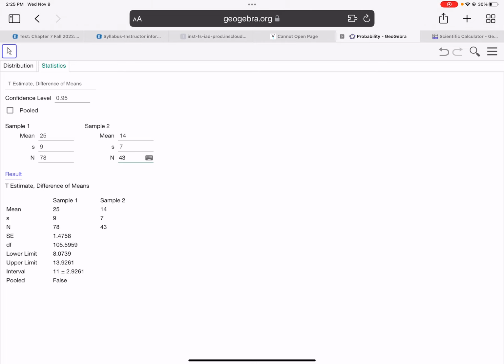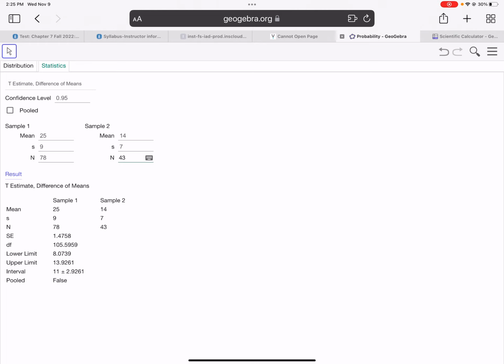We have a little bit of difference from our manual work. The reason why is the degrees of freedom. The degrees of freedom that we got is 42, and the degrees of freedom in GeoGebra is more exact, 105.